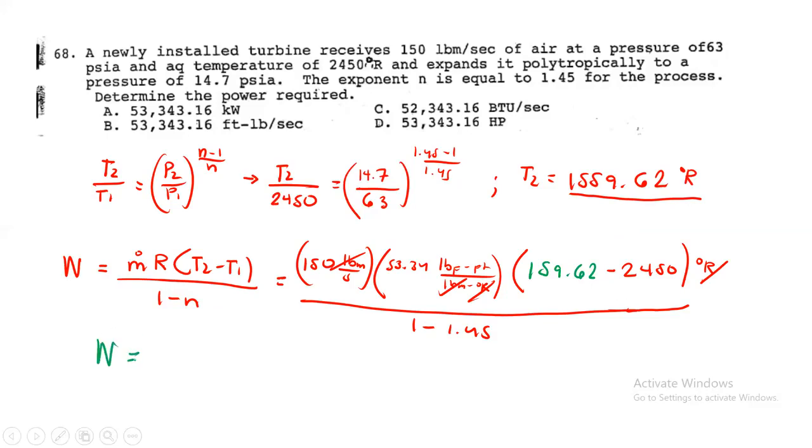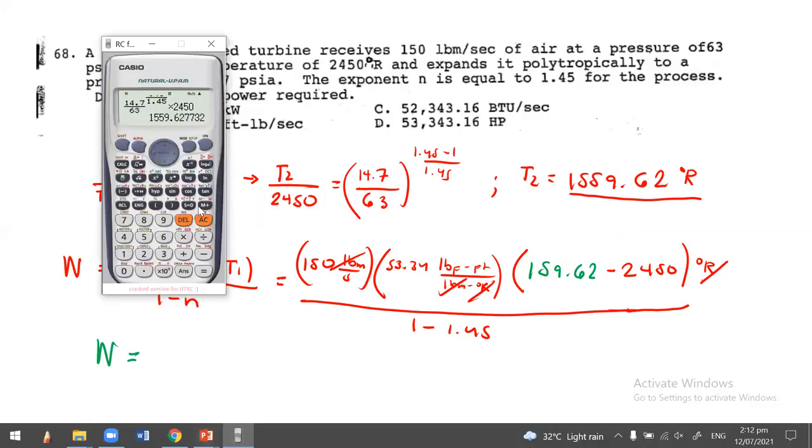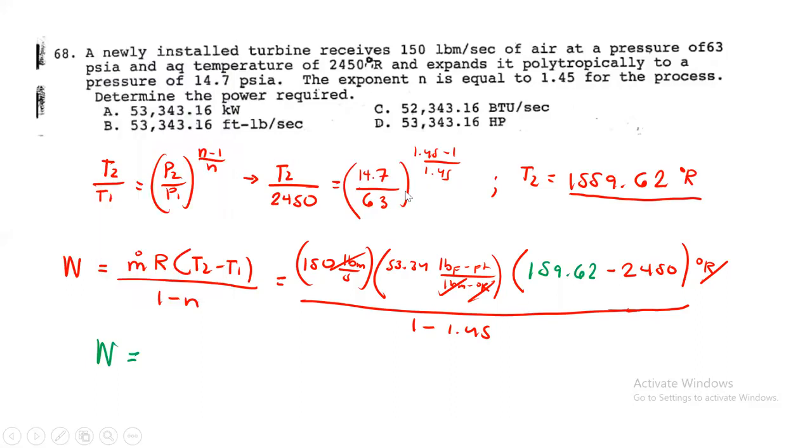So, work is equals to, so try natin, .54 times 159.62 minus 2450 divided by 1 minus 1.45. So, ang makuha natin dito is 407,2295.6.4 foot to pounds per second.